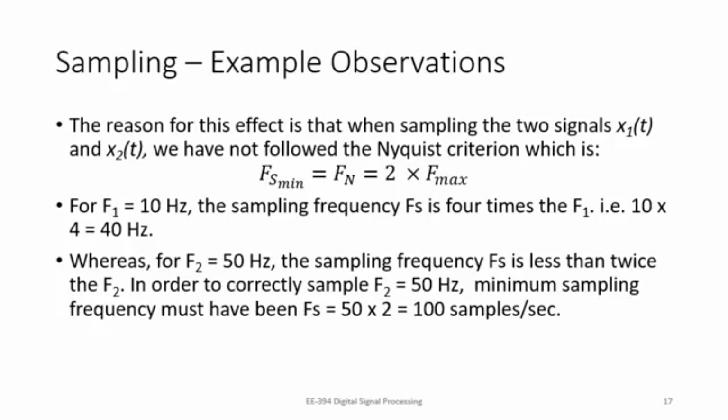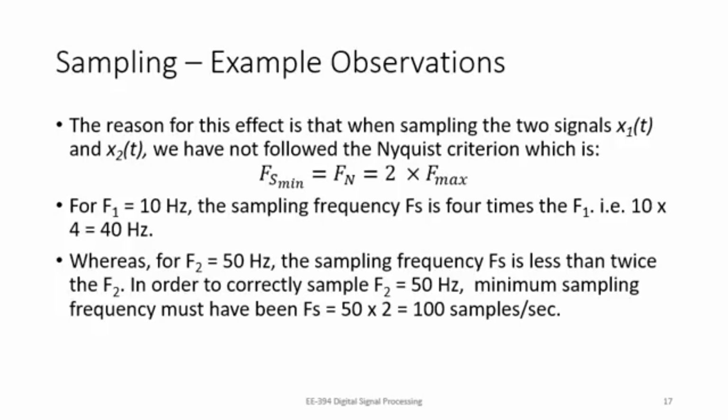One was with a frequency 10 Hz and the other was with a frequency 50 Hz, and our sampling frequency was 40 Hz. So for the signal with 10 Hz frequency, the sampling frequency fs is already 4 times f1, that is 10 Hz times 4 is 40 Hz. So we are fine here, we are meeting the Nyquist criteria.